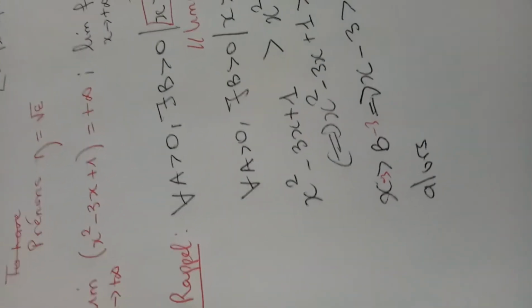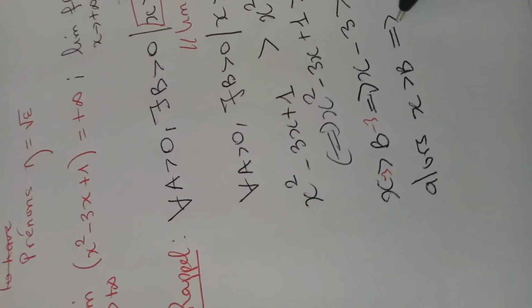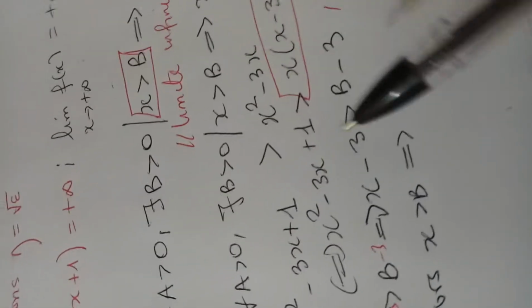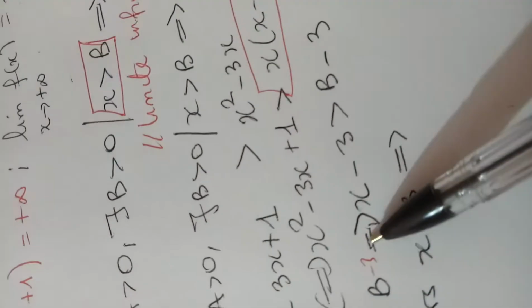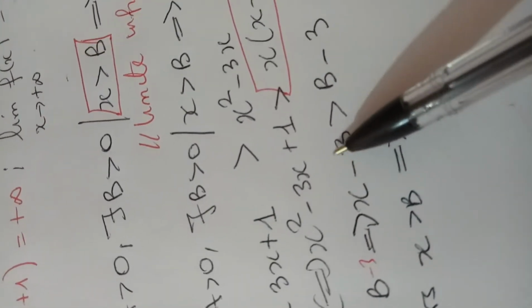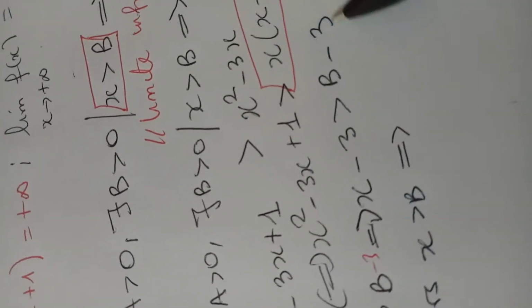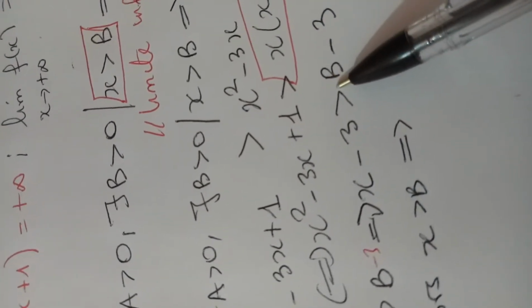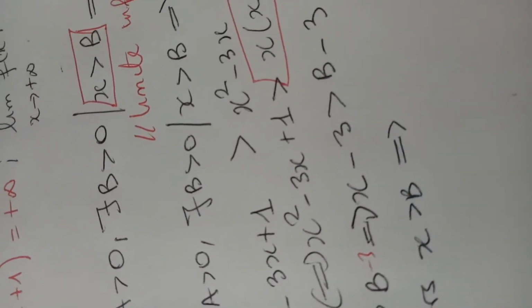Alors, x greater than b implique, remember we've done x minus 3, remaining this x. So here, I multiply here by x, and I multiply here by what? B. So if I multiply here by x, multiply here by b, what will I have?